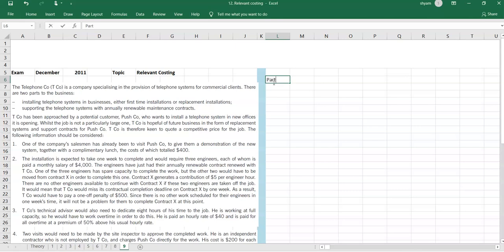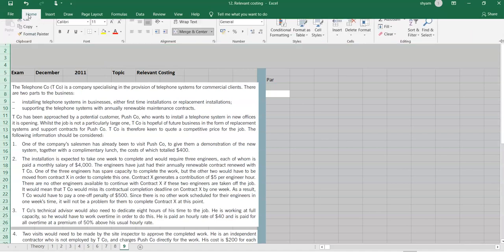We'll have particulars, but before particulars, we'll first increase the font size.